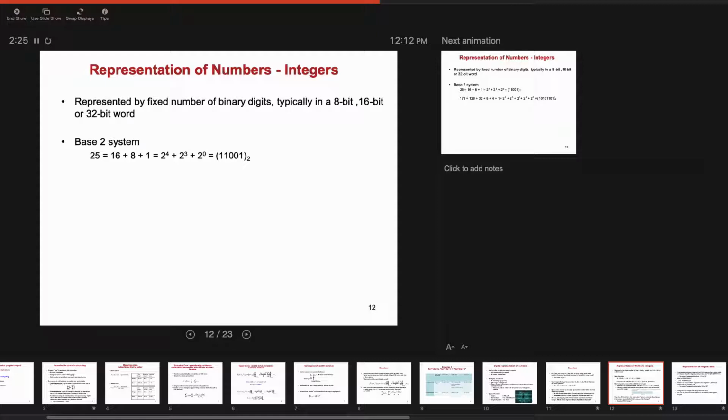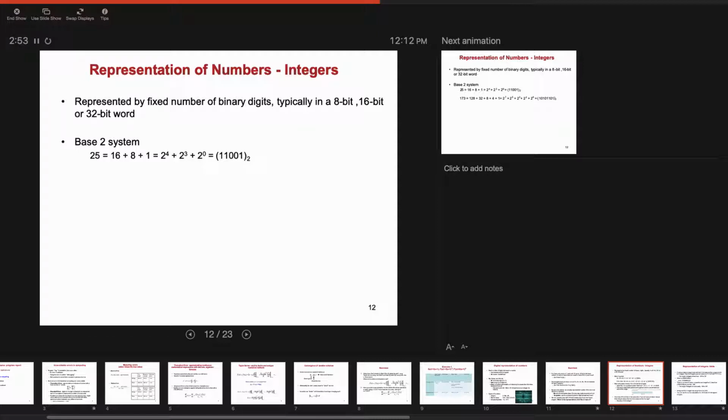There would be 2 times 100 plus 0 times the 10 plus 5 times the 1. The same I do in base 2. So I'm going to have that 25 is 11001. This is my 2 to the 0, this is 2 to the 1, 2 to the 2, 2 to the 3, and 2 to the 4. And this is my representation in the binary world.